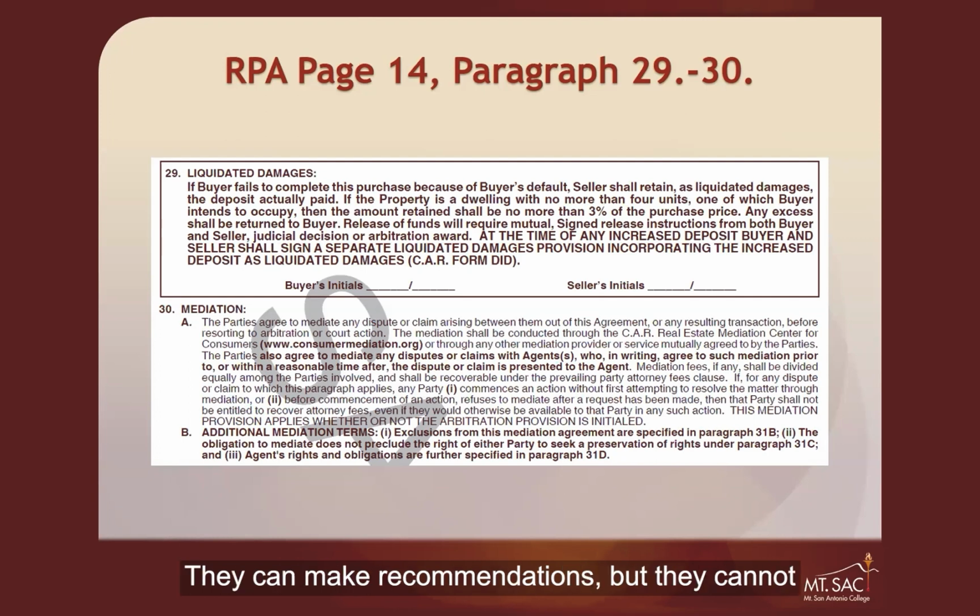They can make recommendations, but they cannot compel a decision or make a ruling. So anybody can be a mediator. It can be a retired judge, an attorney, bartender, masseuse, priest, anybody they agree upon, whoever the parties agree, okay? That can be the mediator, right?